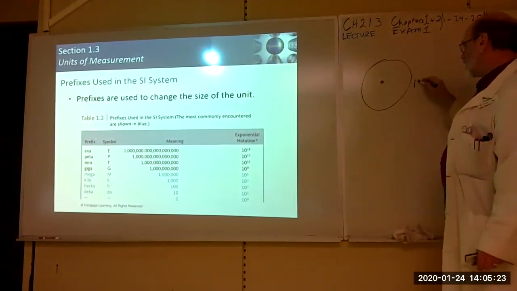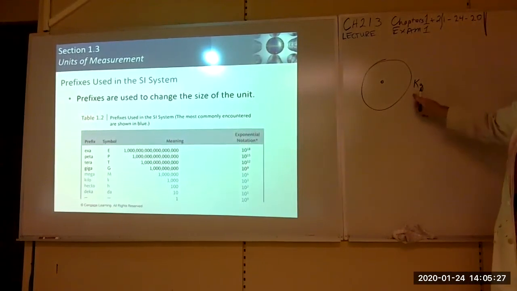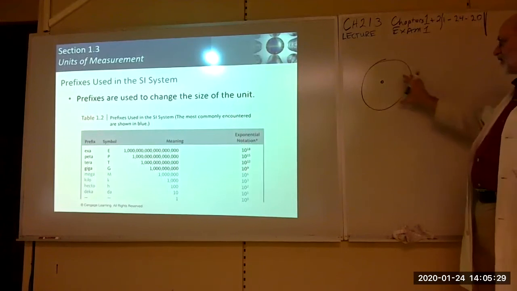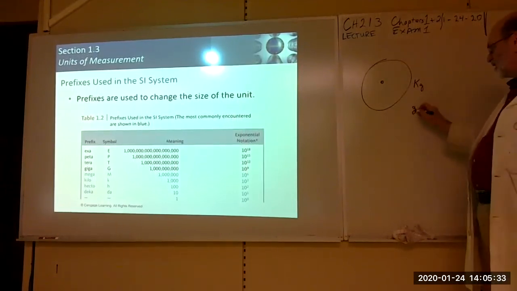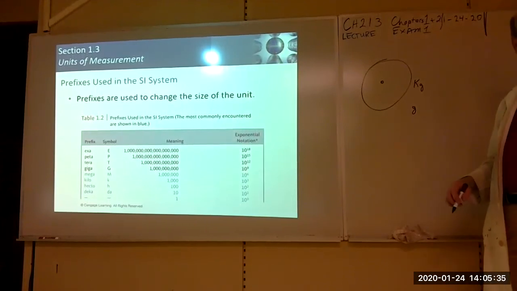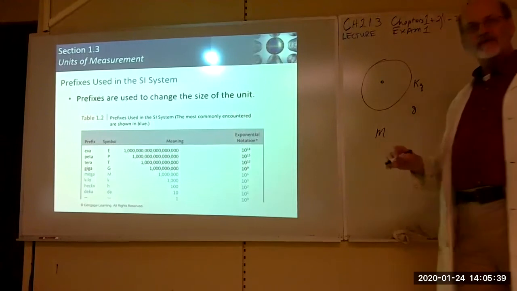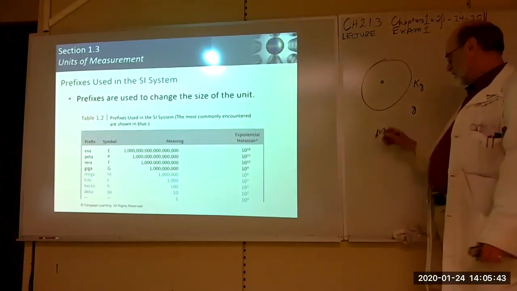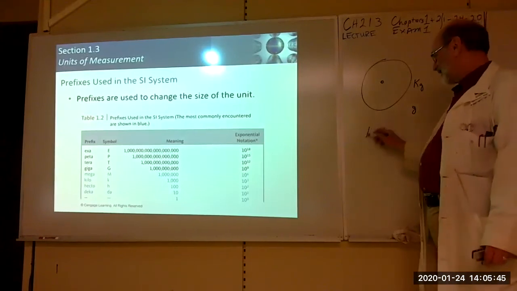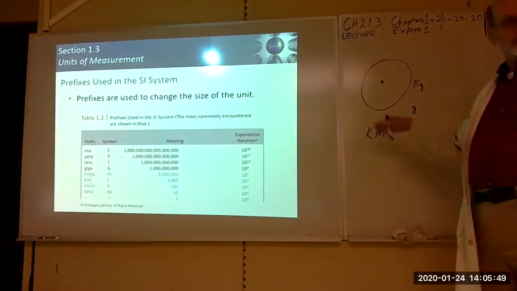The kilogram already has the built-in prefix. Kilo means 1,000. So 1,000 grams is the standard, and 1,000th of that is the gram. For everything else, like the meter, if you want to drive your car a long distance, in Europe anyway, you would drive so many kilometers, 1,000 meters.